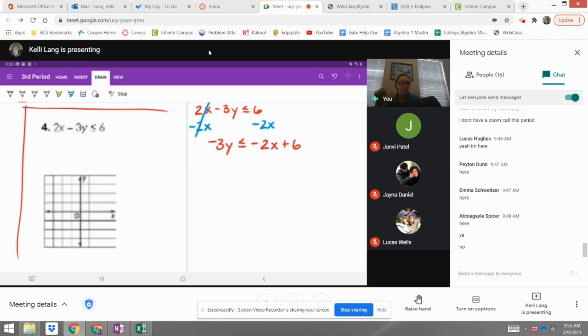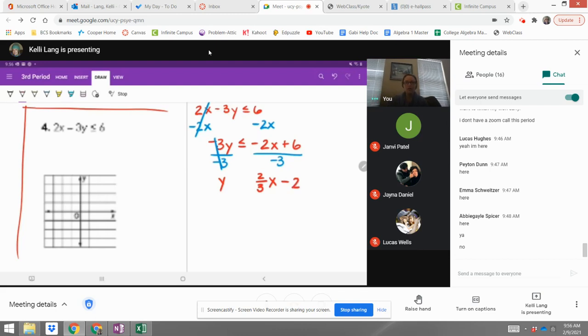The negative 3 is currently being multiplied to the y, so to undo multiplication, we have to divide. So we'll divide both sides of the inequality by negative 3. This cancels. So on the left, we'll have a y, and on the right, we'll have a positive 2/3 x minus 2.